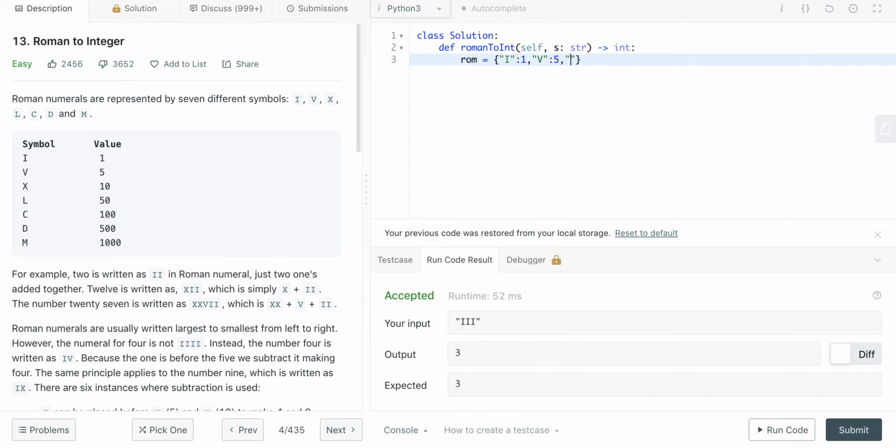V equals 5, X equals 10. L equals 50. C equals 100. D equals 500. M equals 1000.